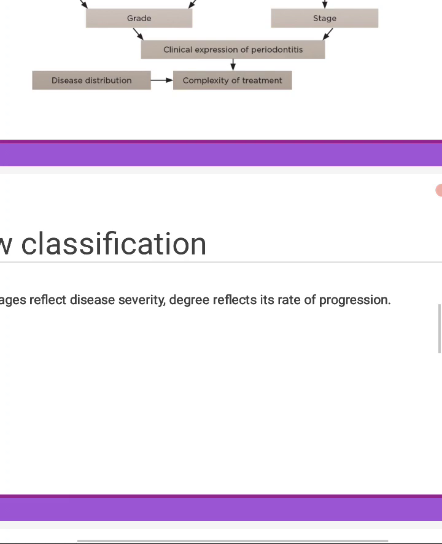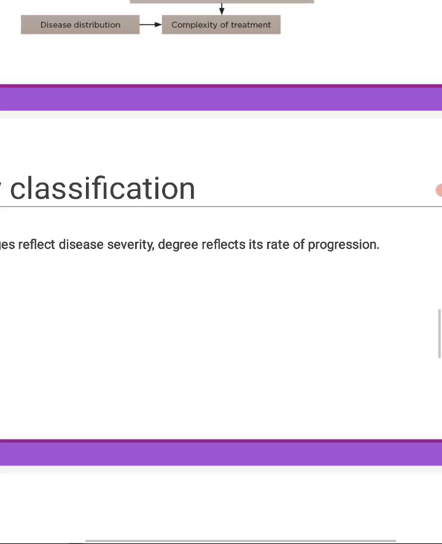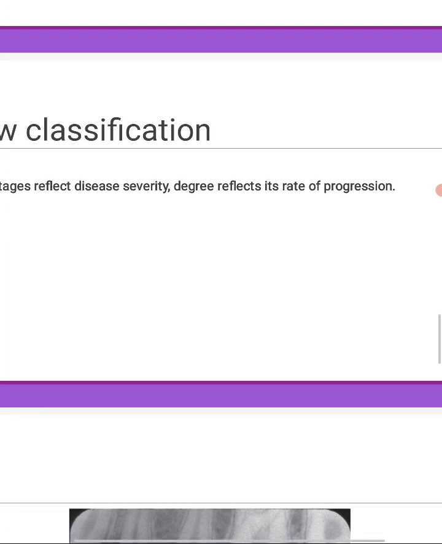And then according to this finding, you put your treatment plan, and you can easily tell what you think about the outcome of the treatment. You can easily talk about the prognosis of your case.